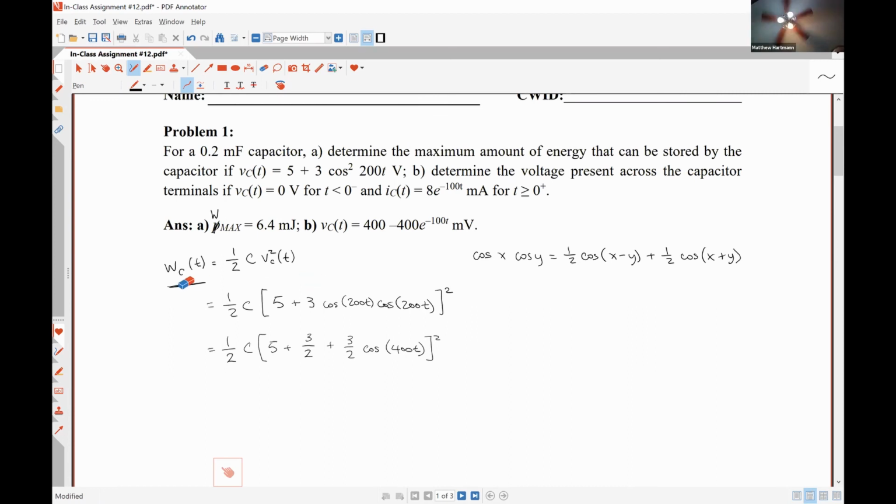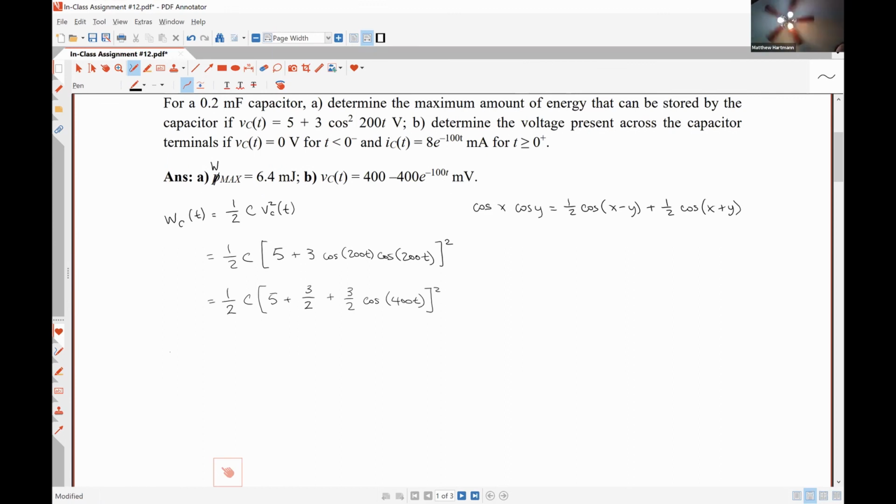So what he is suggesting is that WC max will be 1/2 of C VC max squared. So we need to determine the maximum value of this. Well, the maximum value of a cosine function is 1. And so the maximum value of a cosine squared is then 1 times 1 is 1.